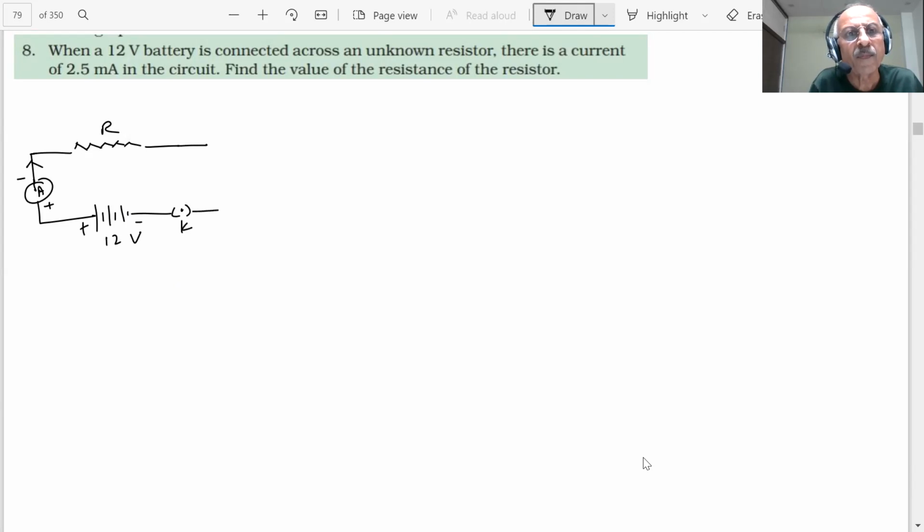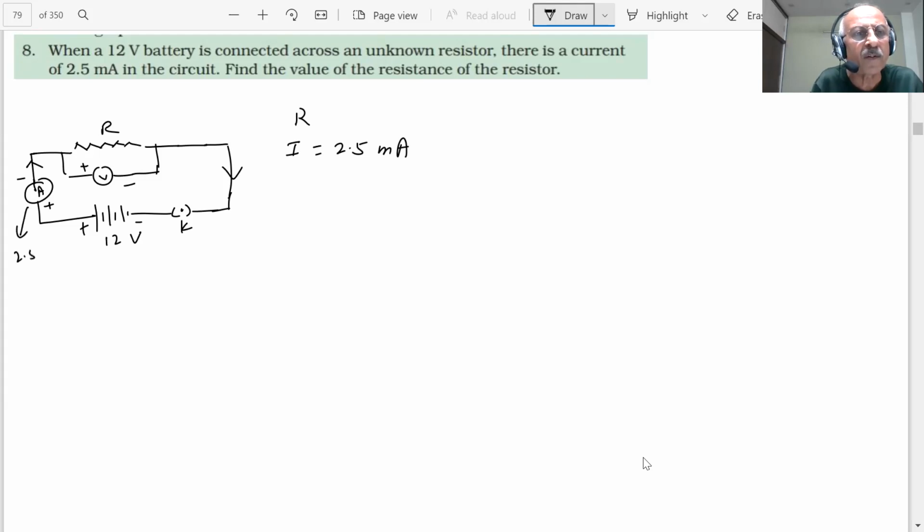Key. So what is happening? Current is flowing through the circuit, student. Plus and minus. This is my circuit. When a 12-volt battery is connected across an unknown resistance R, there is a current of, how much current is flowing, student? 2.5 milliamperes.